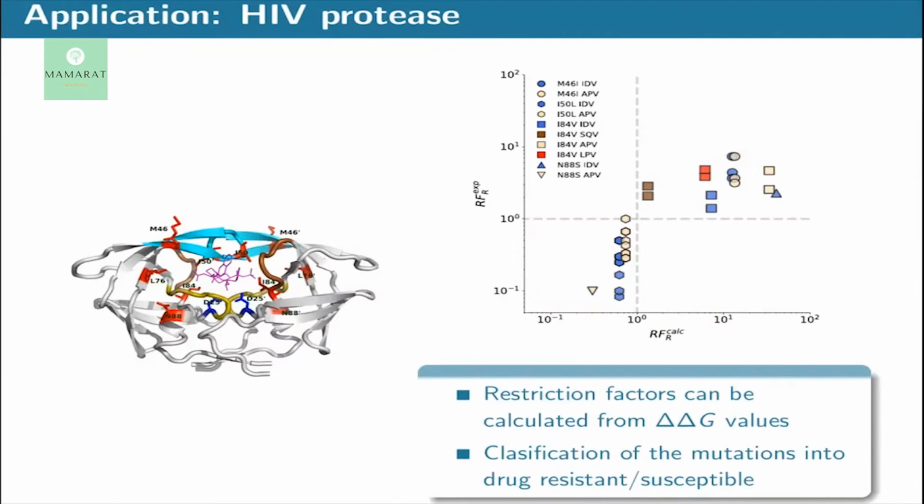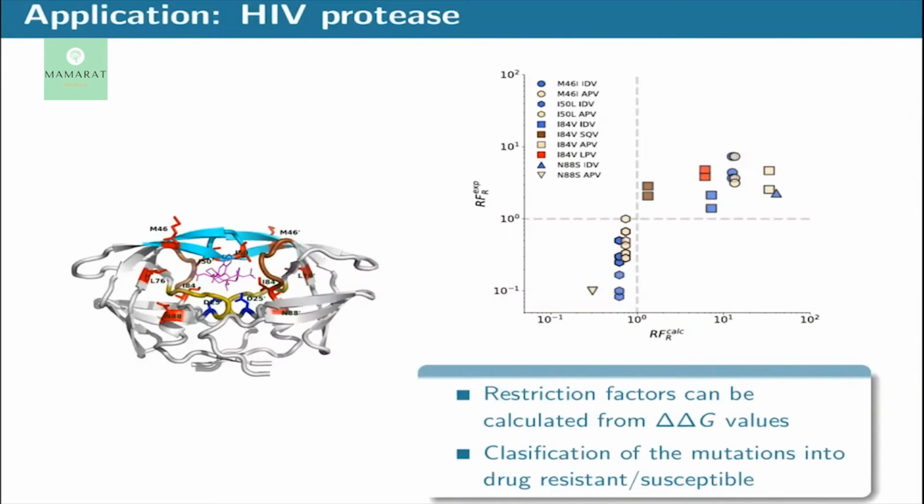that are susceptible. So in the upper right quadrant, those would be correctly identified resistant mutations, resistance-inducing mutations, while those in the lower left quadrant would be correctly identified susceptible mutations, so those that actually even increase the binding affinity, or in this case restriction factor would be lowered for those mutations to a given drug.